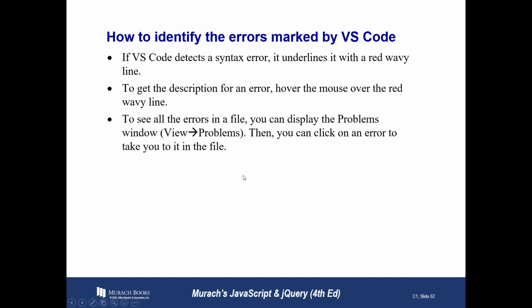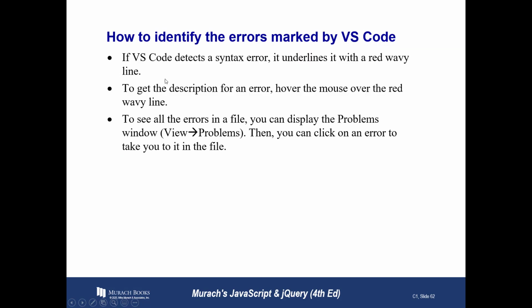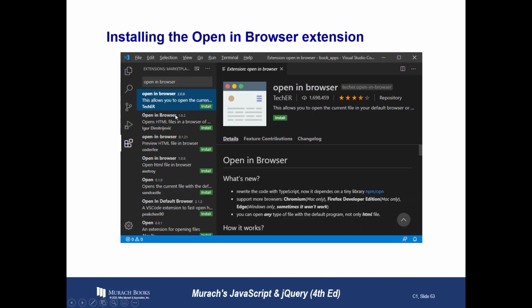All right. How to identify errors? Well, you can get the errors in VS Code. I'm not going to go through that right now, but we will talk about that in class. And again, we will talk about how to install extensions. It's not hard. Literally, you click right here on extensions, and then in the window here, if we wanted live server, you type live server in here, and one of the results that comes up would be live server.